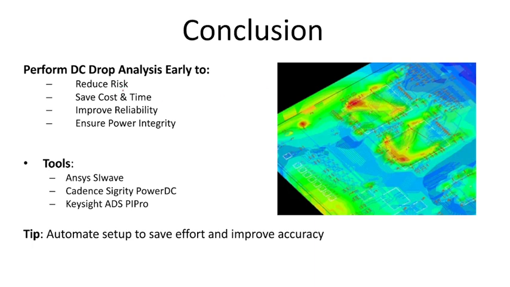So as I mentioned, these are some of the risks you can reduce with DC drop analysis, how you can save cost, and make sure that power integrity is ensured so that other aspects of the design like signal quality or timing related issues could also be minimized by taking care of this issue. And I have tried to list the very widely used EDA tools in the market which are very popular.